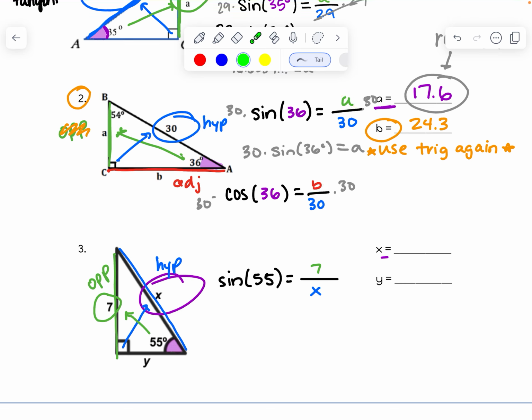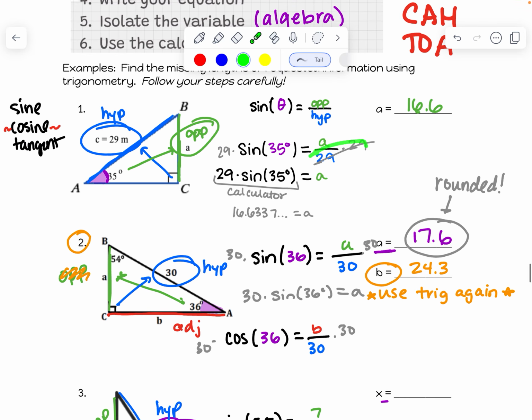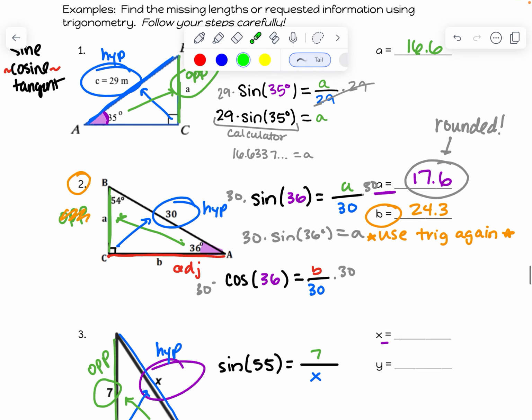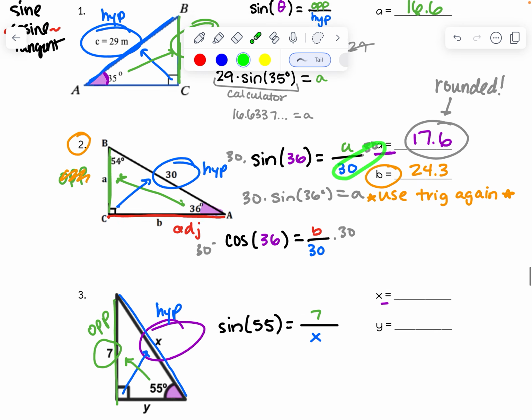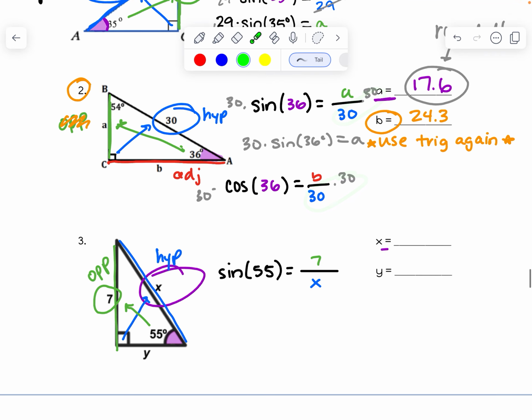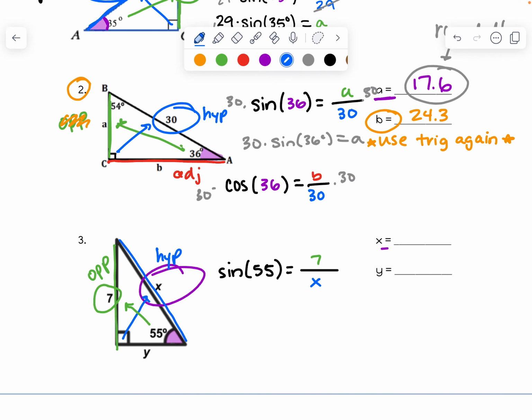When we go to try and get this by itself, when we try to do our algebra to get that fraction to go away, we were multiplying by the number that we had, right? But it wasn't because that was the number. It was because it was in the denominator. Anytime you have a fraction in your equation and you want it to go away, you have to multiply by the denominator.